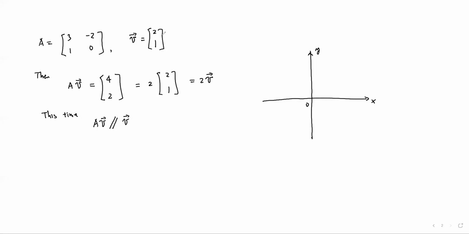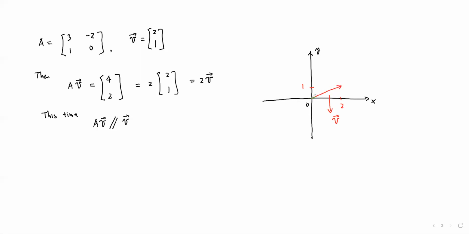Vector V is (2, 1). Suppose that 2 is here, 1 is here. Then this arrow is vector V. A times V is 2 times vector V, so the length is double the length of this vector.